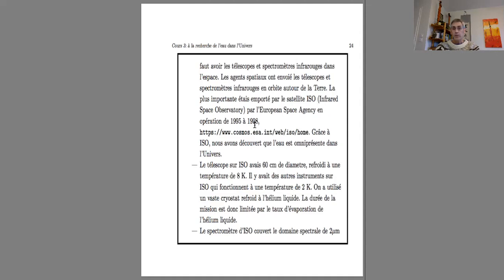And it was a tremendous success. They put a telescope in space and basically proved the existence of water and many other molecules throughout the universe. And so I want to take some time to tell you of some details of this mission.